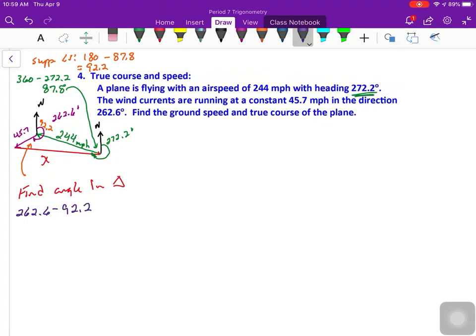And then finally, if I take 262.6 and I subtract 92.2, I get 170. Okay, 170 is going to be this angle right here.